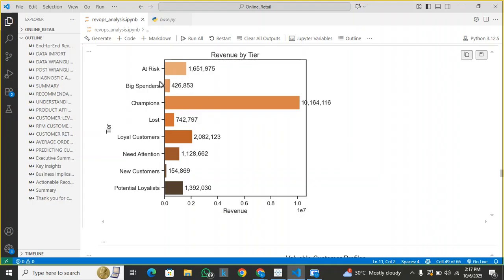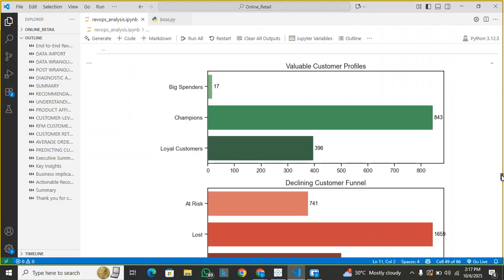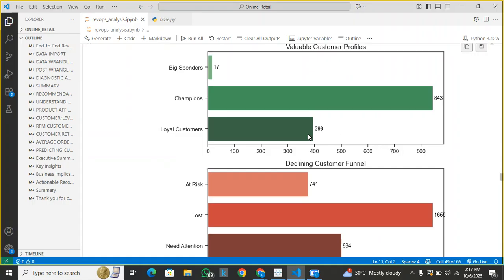It's surprising that big spenders have just 400k pounds to their name, and the reason is that big spenders are just 17 in number, based on this segmentation. Then champions are 804, and loyal customers are 396.